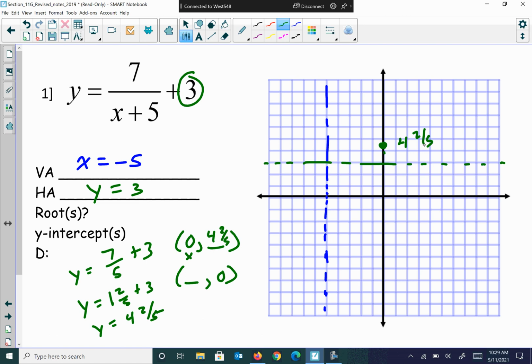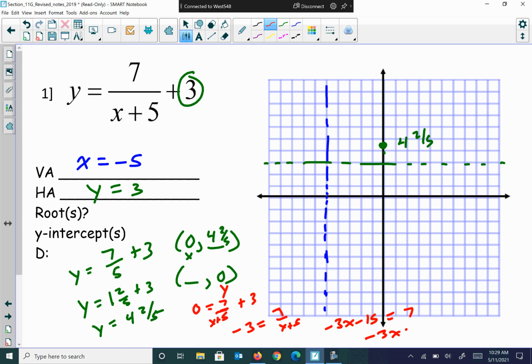And then the other one, that's a y value. So if I plug 0 in for y, I get 0 equals 7 over x plus 5, plus 3. Subtract 3, so negative 3 equals 7 over x plus 5. Then I get negative 3x minus 15, because I multiply the x plus 5 to the other side and I'm distributing, equals 7.